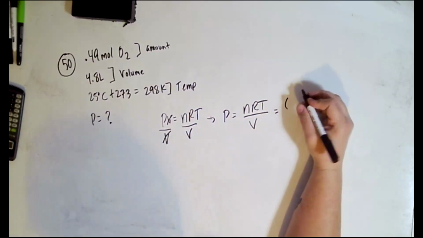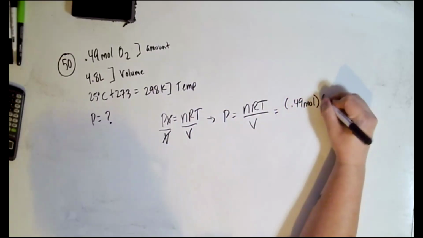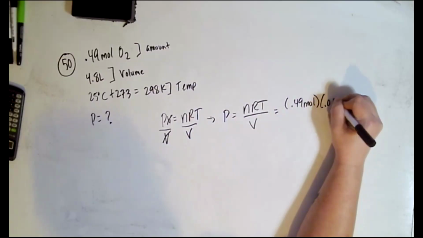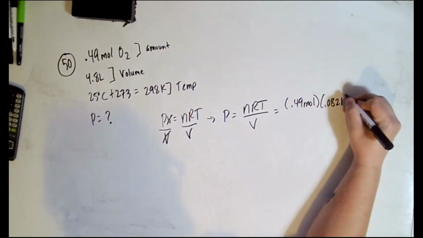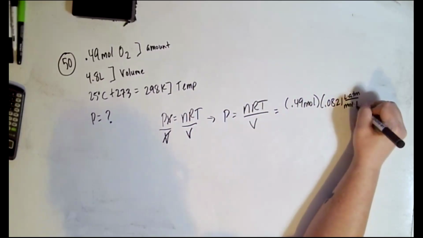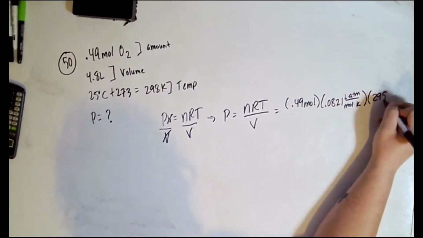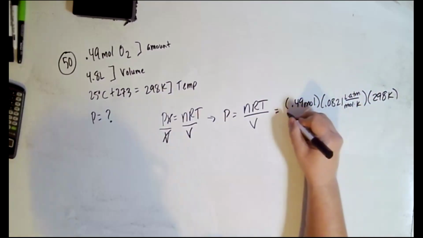So we're going to have 0.49 moles of oxygen times 0.0821, which is our gas constant, times our temperature of 298 Kelvin.